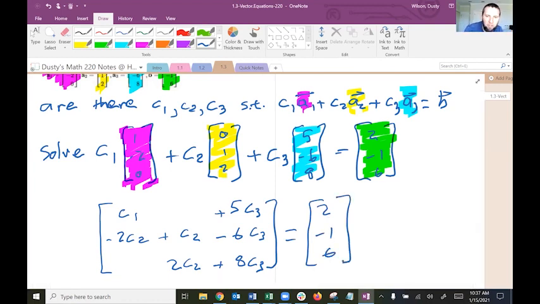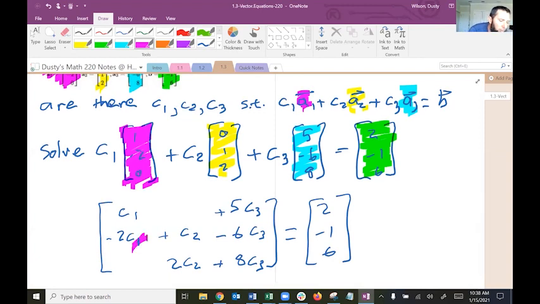And I'm hoping, let's see, from Felix, I'm hoping that everyone sees that this sets up a system of 3 equations and 3 unknowns. And so we can solve this using a matrix.